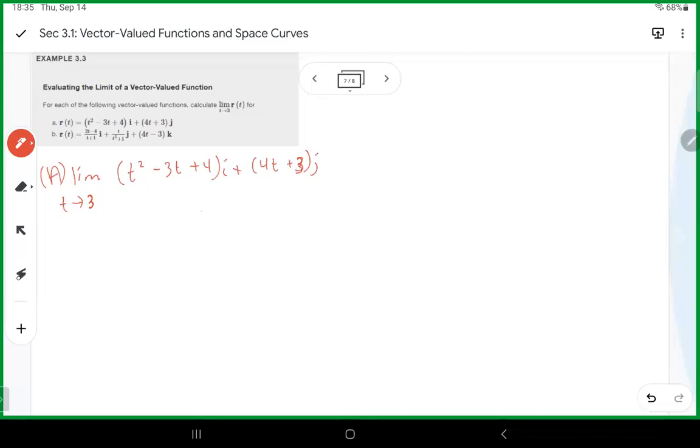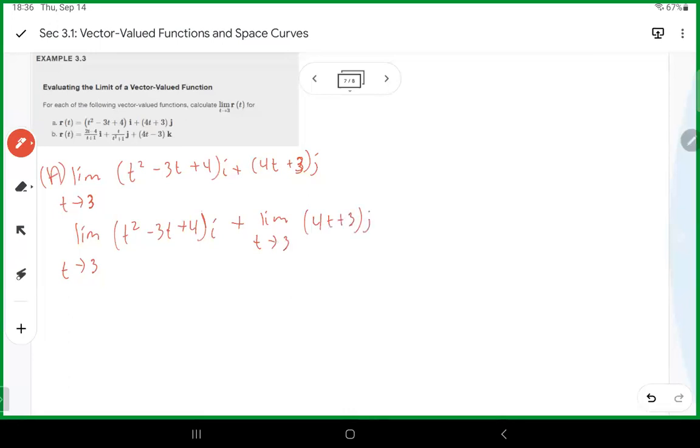So if we want, we can split those up a little bit. We can do the limit as t approaches 3 of t squared minus 3t plus 4 i, and then we can also do the limit as t approaches 3 of 4t plus 3 j.